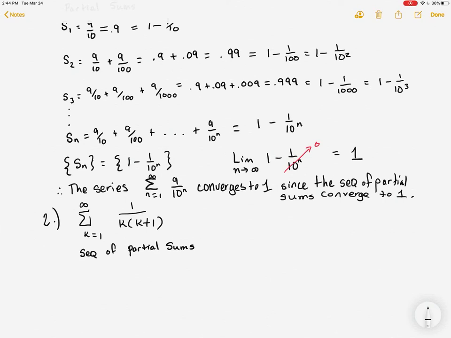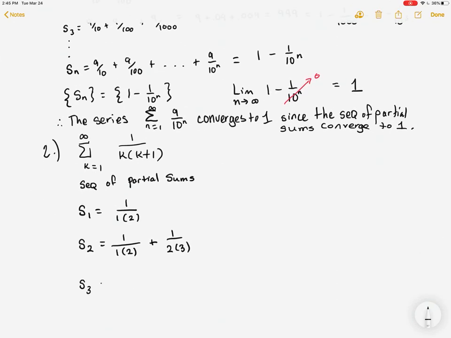So S1 is the sum of the first term, replacing k with 1, and I get 1 over 1 times 2. S2 is the sum of the first two terms, so 1 over 1 times 2 plus the next term, 1 over 2 times 3.